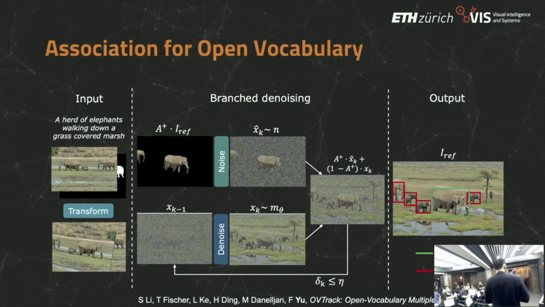So assuming that again, we have images and we have some labels on the image, but we do not have labels on the video. First, we assume that we have the mask of the object, and then we crop the mask out. And then we use the text description of the image to generate a new image.